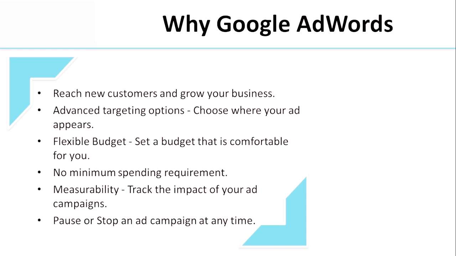Apart from this, advanced targeting options allow them to move towards Google AdWords, that is, they choose this platform as per their choice so that their ad appears. Apart from this, the Google AdWords platform allows the flexibility to fix their budget.